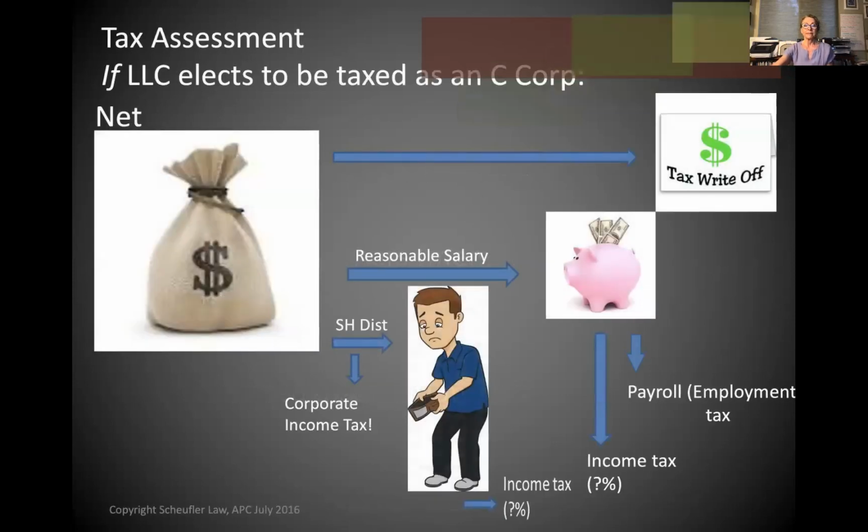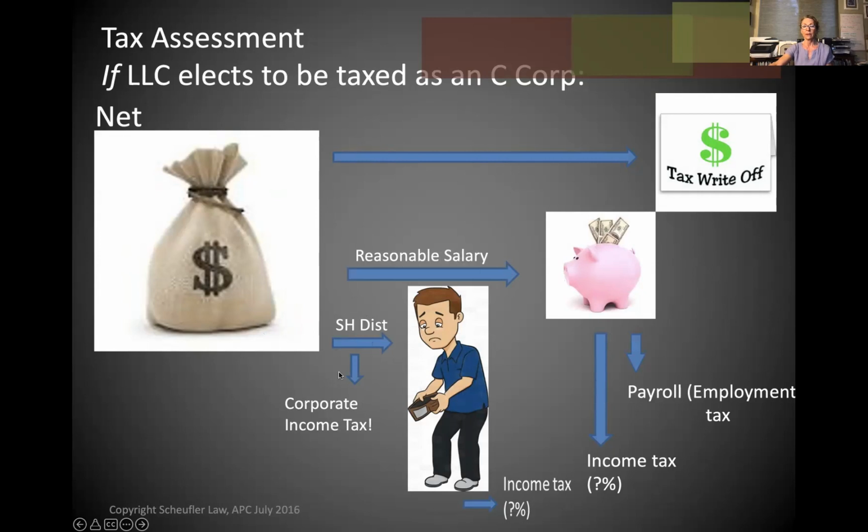So if an LLC elects to be taxed as a C Corp, then you are going to also pay tax at the corporate level, just like a C Corp would. You'll have write-offs, you'll have reasonable salary on which you pay payroll tax and income tax, but the shareholder distribution, the profit, is the same as for a C Corp.